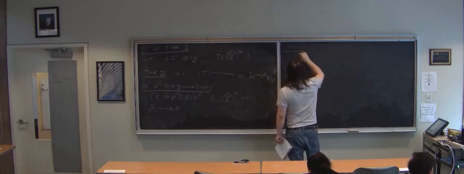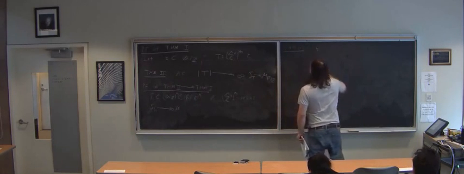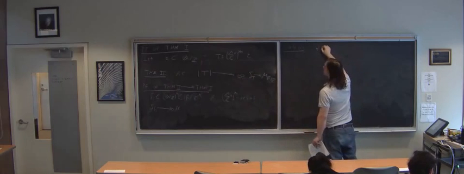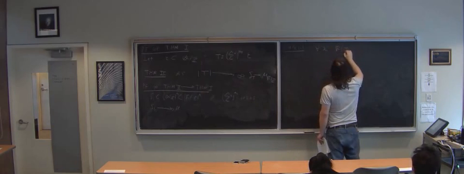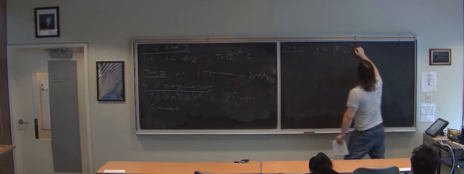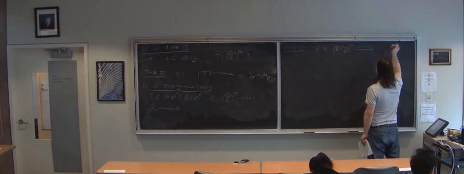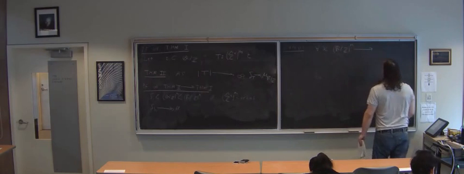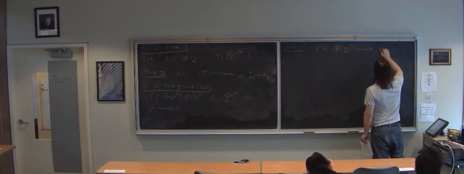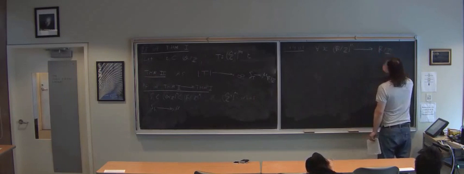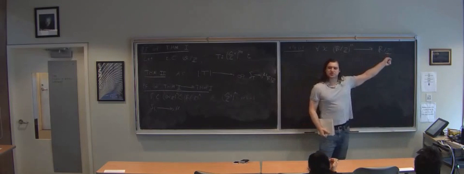Case 1. Okay, so case 1 is for all characters chi from R mod Z to the N to R mod Z. Normally characters go to S^1 multiplicatively, I'll just write it as R mod Z additively.